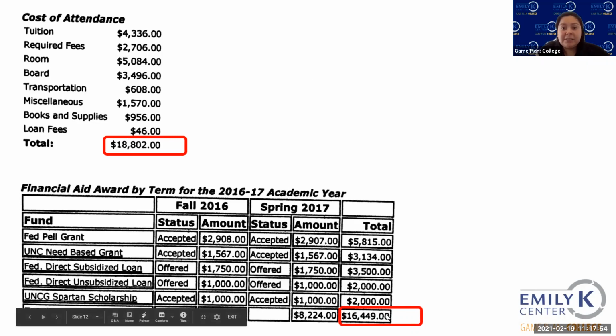So at first glance, it looks like I have a bigger gap here than the previous school at first glance. They're not giving me the full financial aid that I need to cover my costs.